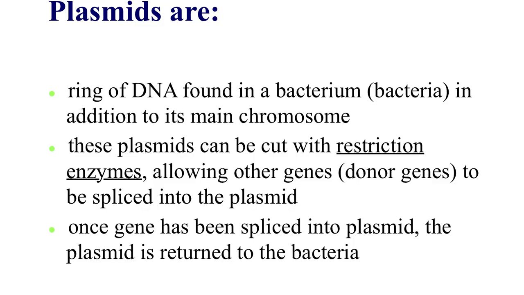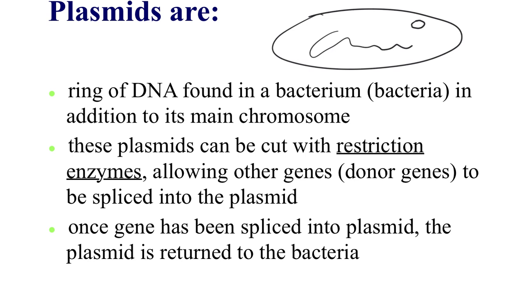Okay, we use bacteria for their little DNA ringlets called plasmids. So here's the nucleus. Here's the circular chromosome of a bacteria, but here's a plasmid. Bacteria have these little accessory rings of DNA.